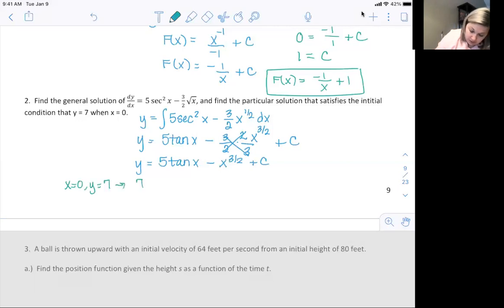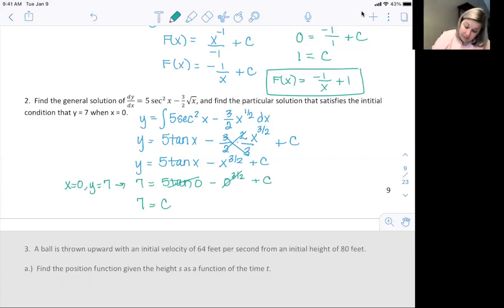So 7 is equal to 5 times the tangent of 0 minus 0 to the 3/2 plus c. Well, that's just 0. Tangent of 0 is sine over cosine, that is 0 over 1. So this is also 0. So that tells us that c is 7.